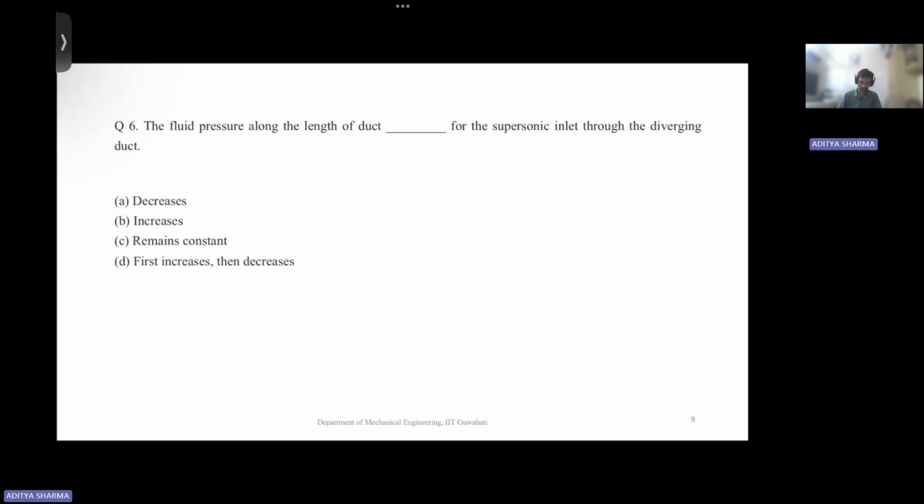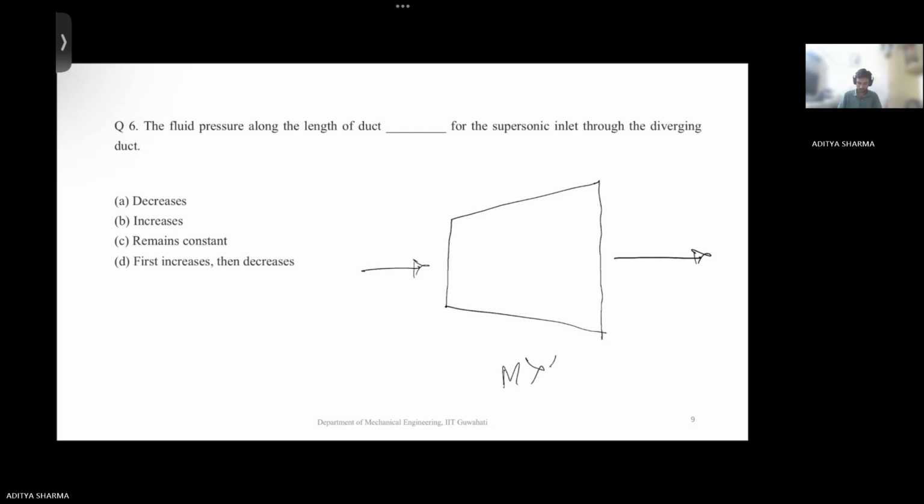A diverging duct has been given. We have discussed diverging duct. Also, what is given is Mach greater than 1.